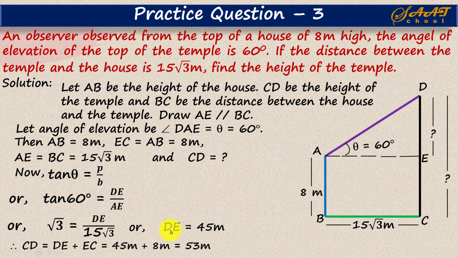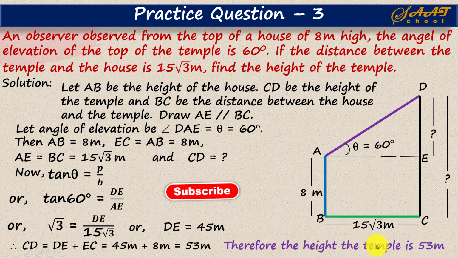The value of DE is calculated here, which is 45, and EC from here is 8, or this EC is opposite of this AB, which is equal. That's why 45 plus 8 is 53, and that is the height of the temple. So you can say the height of the temple is 53 meters. Since the unit is given in meters, the answer should be in meters. So this is how we find the height of the temple.